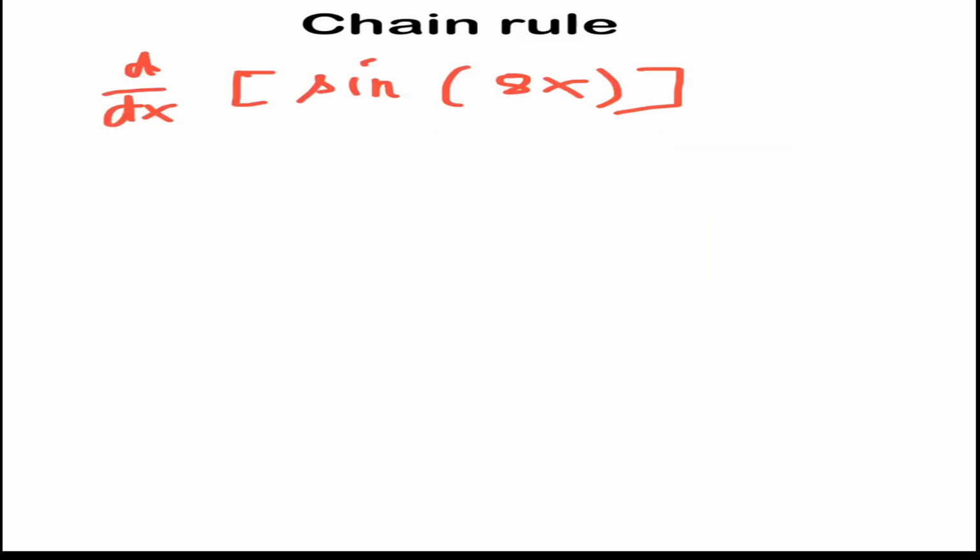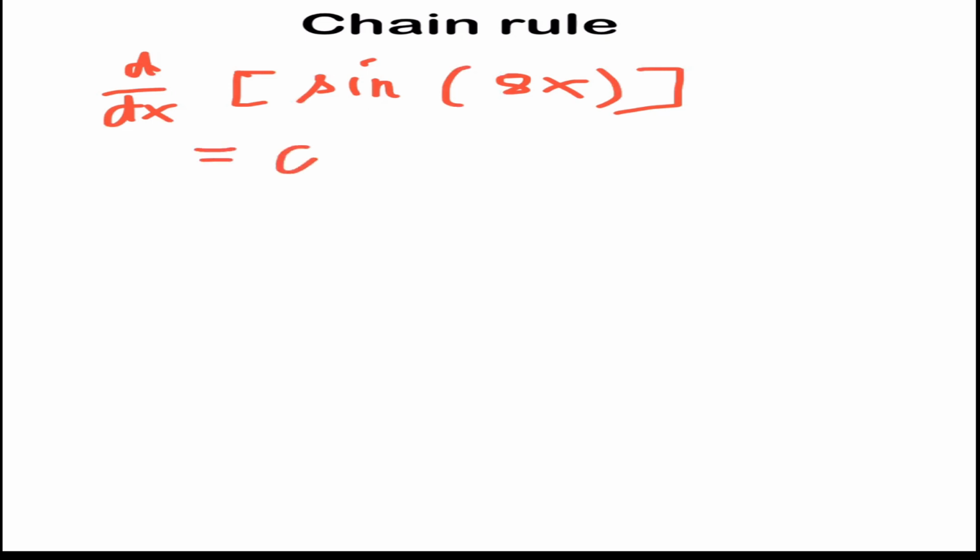Next example, we have a trigonometric function. So now we are going to find the derivative of sine 8x. First thing to do here is to differentiate what is on the outside, so sine. We all know for a fact that the derivative of sine is cosine.